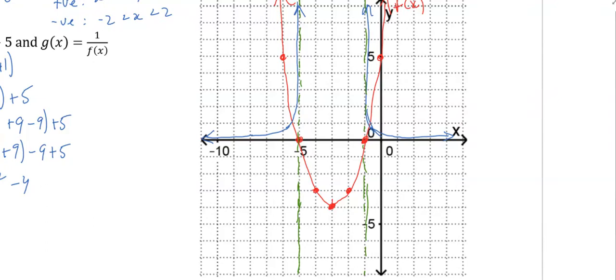I'm going to take the reciprocal of the vertex, negative 4, which is negative 1/4, and go through. These aren't super accurate graphs. It is on a grid. We are plotting points.